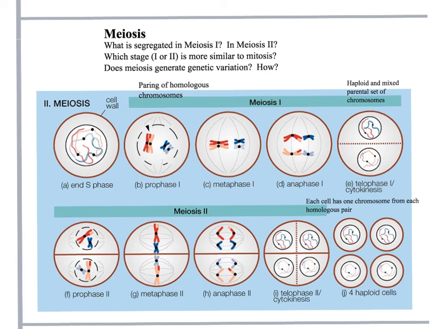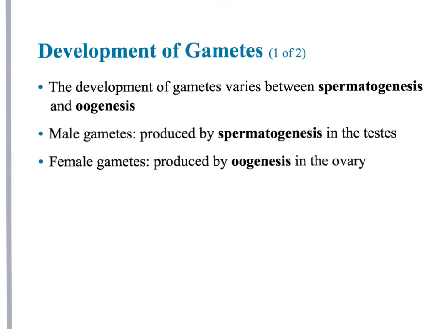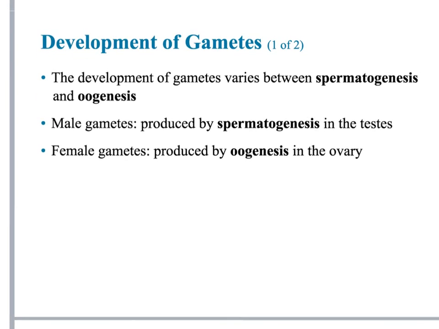And then, of course, meiosis generates genetic variation by passing off one chromosome from each parent. The development of gametes varies between spermatogenesis for the sperm and oogenesis for the egg.